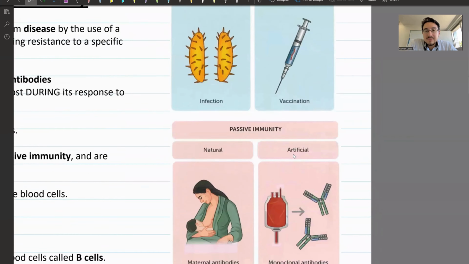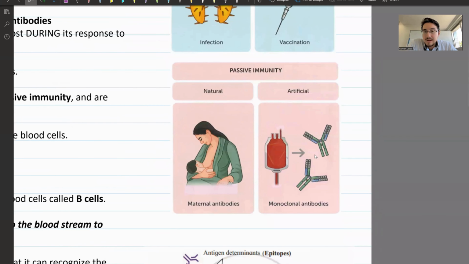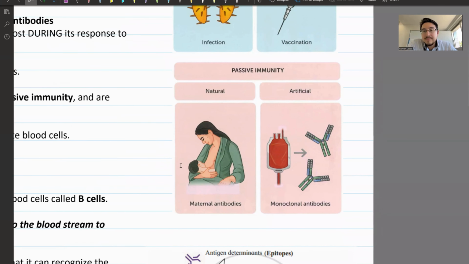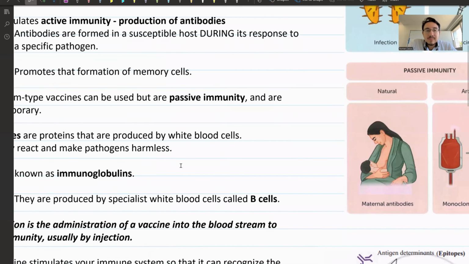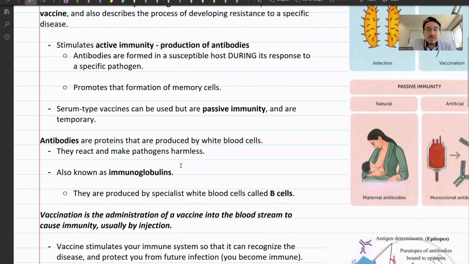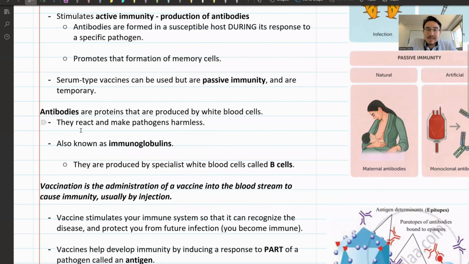Passive, you're basically getting it by a blood transfusion, or naturally by the mother passing her antibodies to the child. So it's generally temporary. Then the baby will start producing its own immune system.